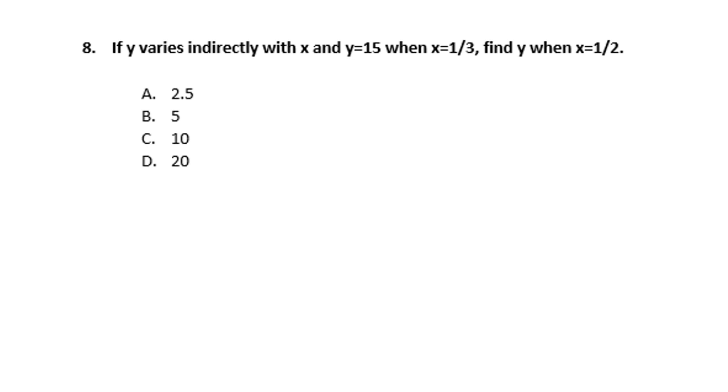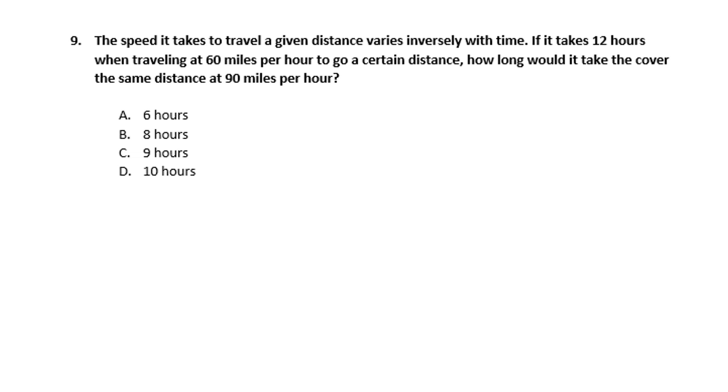Number 8. If y varies indirectly with x and y equals 15 when x is 1/3, find y when x is 1/2. A is 2.5, B is 5, C is 10, D is 20. Number 9.